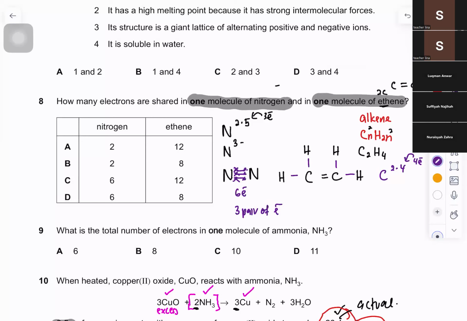Now dia tanya how many electron, so all electron you need to calculate. Sama juga sini. Dot cross. 2, 4, 6, 8, 10, 12. 12 electron. So the answer will be C. Is it clear? Yang minta teacher ulang ni, is it clear, Sam?